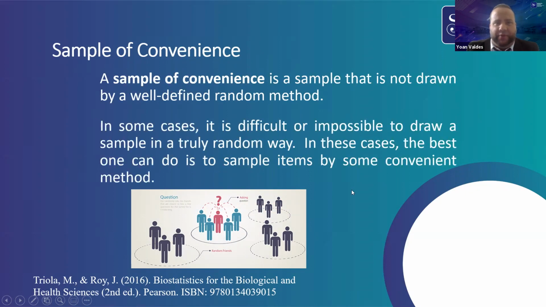A convenience sample is a sample that is not drawn by a well-defined random method. In some cases, it's difficult or impossible to draw a sample in a truly random way. In these cases, the best you can do is sample by some convenience method: the office that is closest to you, the students that you have access to, the person who works with you in the office.